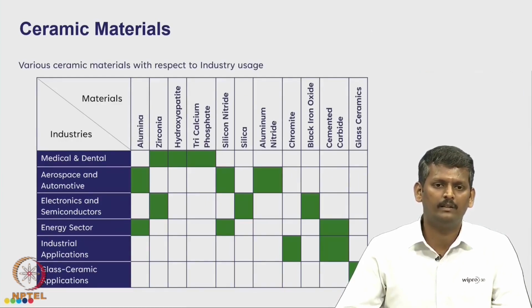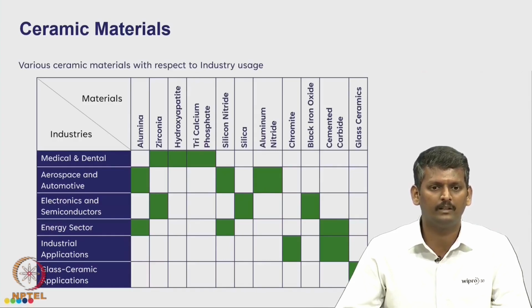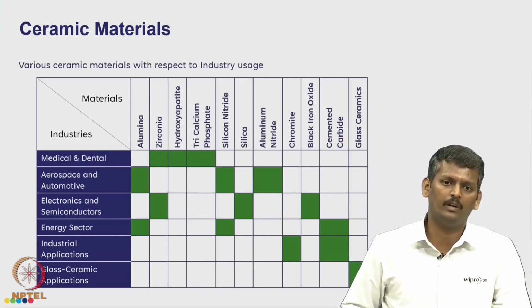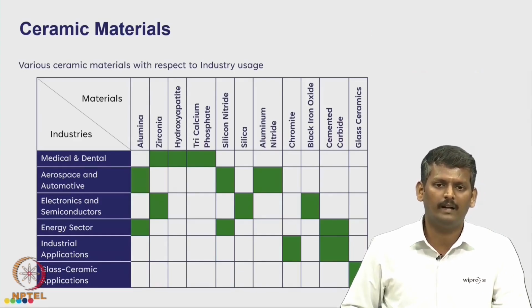We have seen hydroxyapatite and tricalcium phosphate mainly used in the medical and dental industry, and cemented carbide used in the energy sector and industrial applications for drill bit manufacturing, and alumina used for high structural strength applications and even as an insulator, and zirconia also used as an insulator in the electronics industry. So, we have seen one peculiar material called aluminum nitride, which acts as a heat sink here.